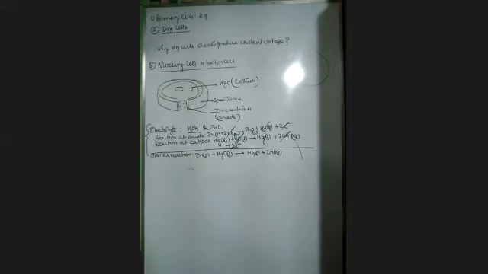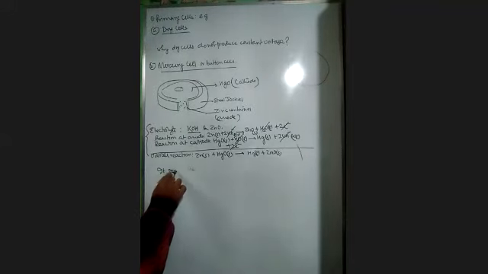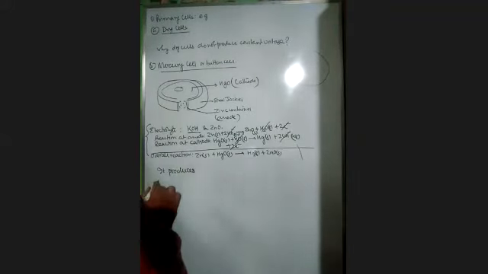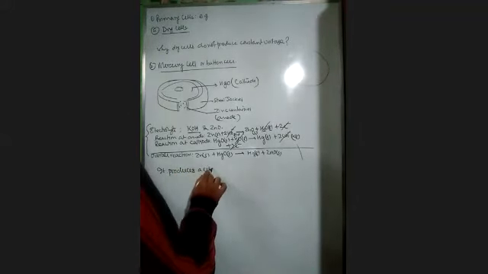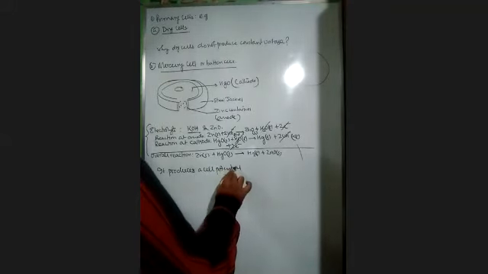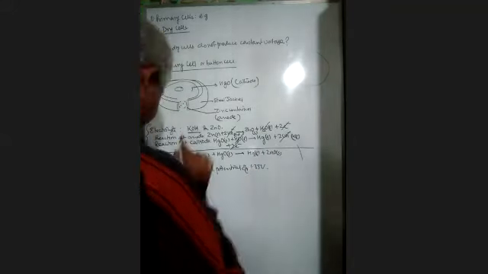Then please write: it produces a cell potential of 1.35 volt.